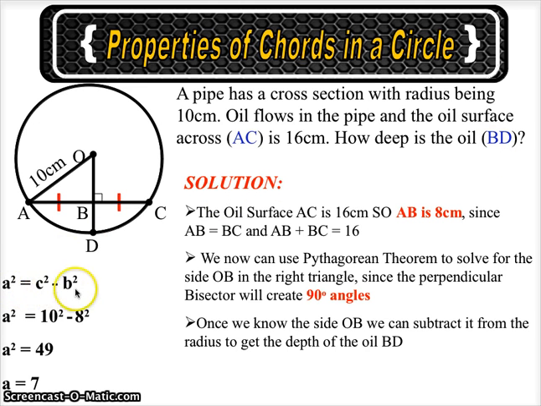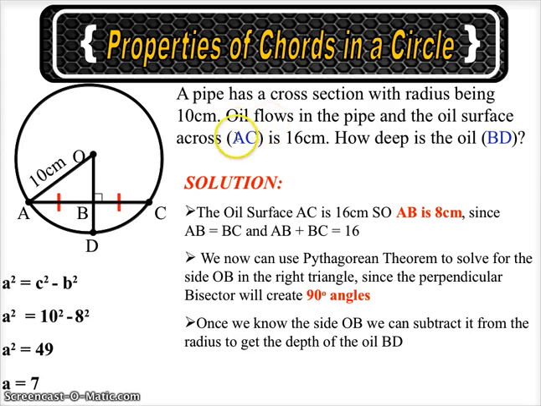We will manipulate the Pythagorean theorem so that a squared is equal to c squared minus b squared, since we already know the hypotenuse. C will be 10, so 10 squared is 100. We have determined this side because AC is bisected.